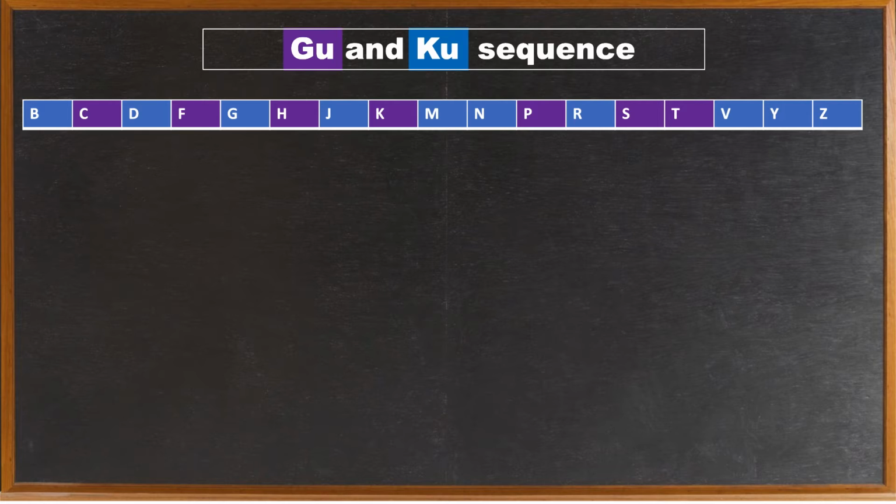Alright, it is not as simple as the kw verb, and for us to be able to figure out whether a verb is a gu or ku verb, I invented something called gu and ku verb sequences.